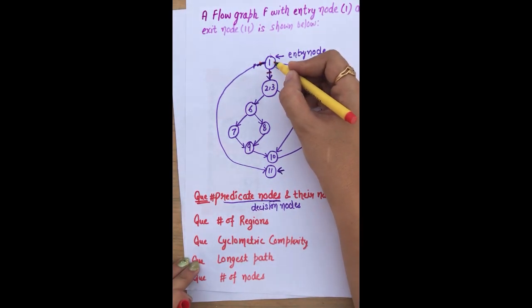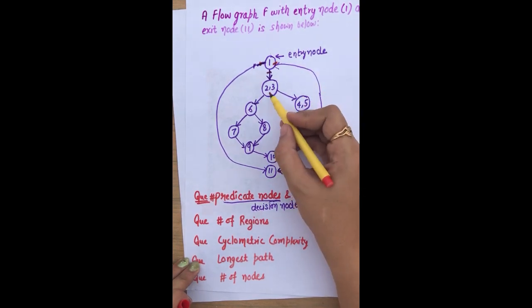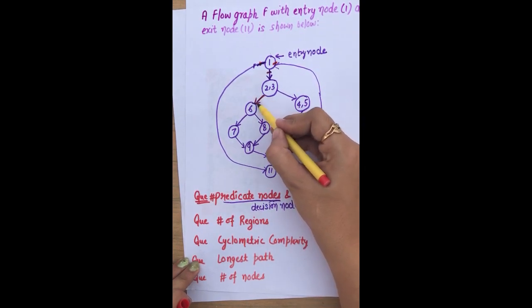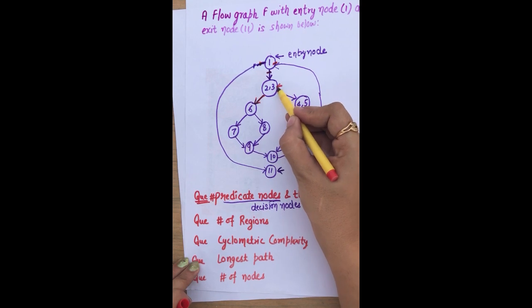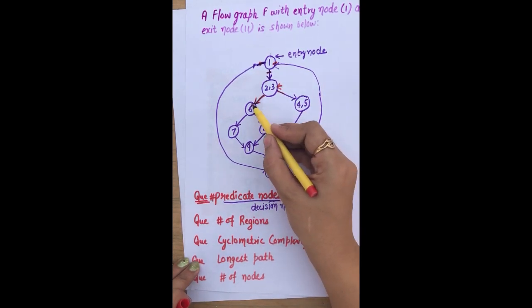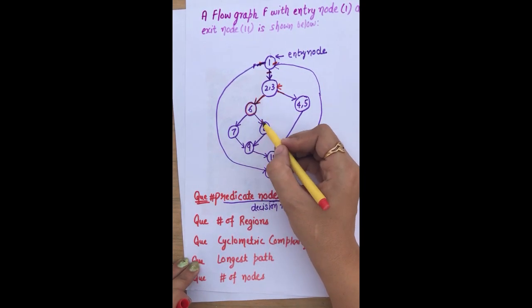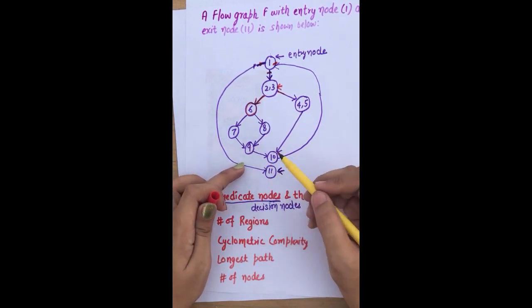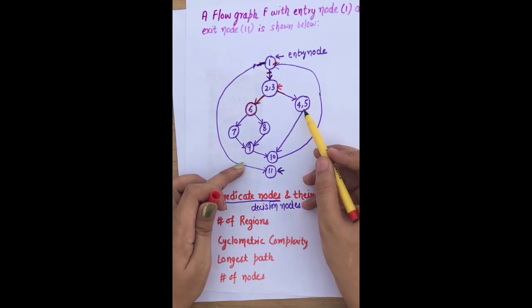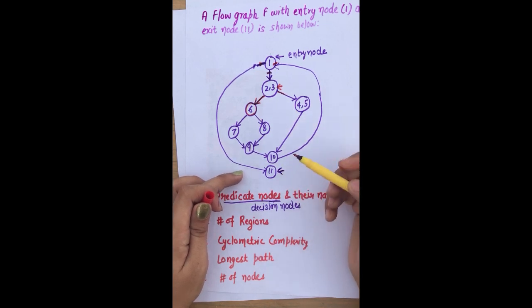From 1 there are two edges, so this is a decision node. Again at 2 there are two edges, so this is also a decision node. 6 is also a decision node. 7 has a single edge, 8 single edge, 10 single edge, 4 and 5 single edges, and 11 is the exit point.